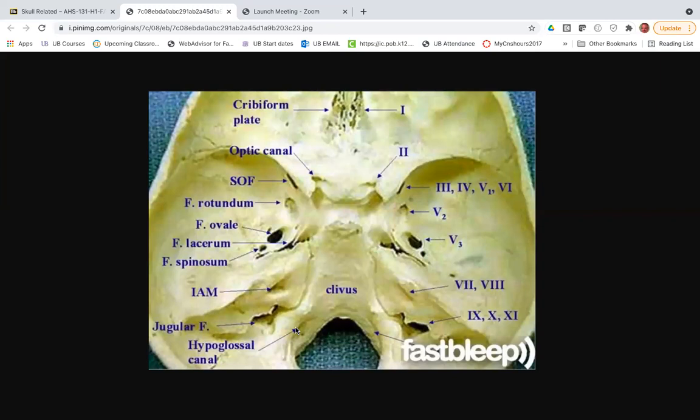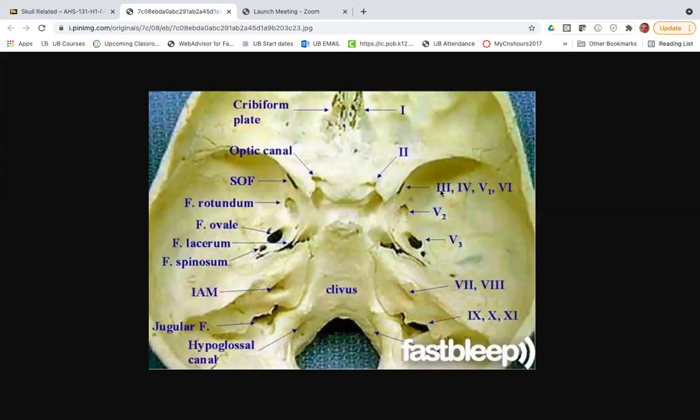Okay, so the mnemonic to try and remember the 12 cranial nerves is O-O-O, to touch and feel very good velvet, A-H at the end. So O-O-O: olfactory, optic, oculomotor.